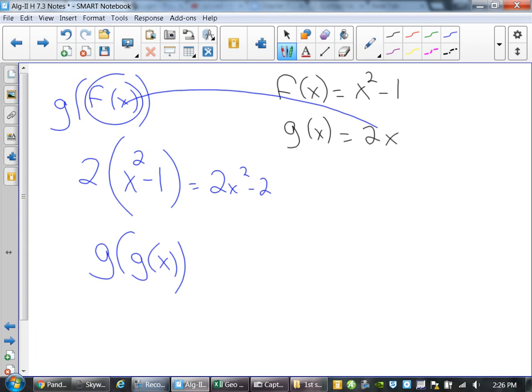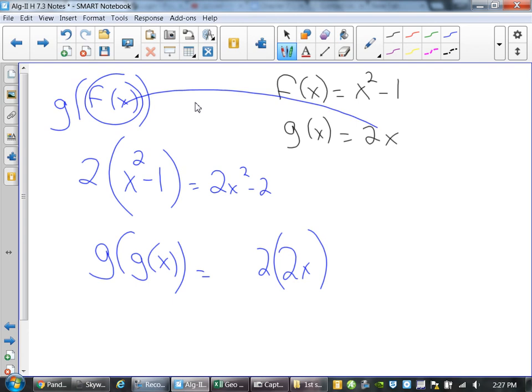So g of x means start with the g of x equation and then surround it with what's left. The reason I'm surrounding with what's left is because 2x is replacing just that value of x. And my answer would be 4x.